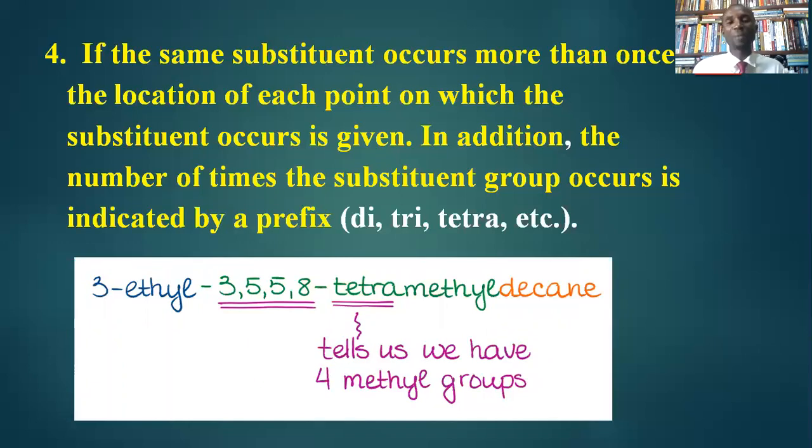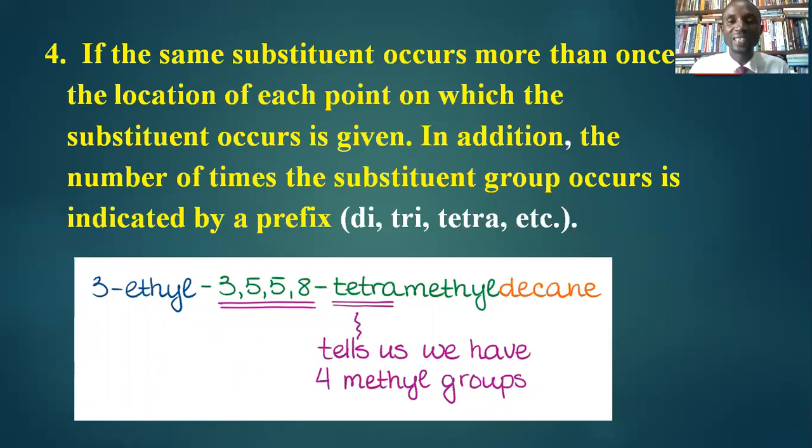When you look at that particular compound, you observe that the position where the ethyl occurs is 3. It is on the 3rd carbon atom, that is why we call it 3-ethyl. Then the next one is methyl, which appears 4 times.